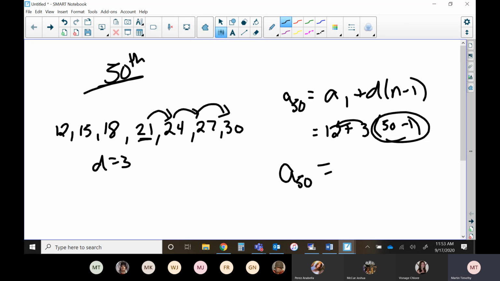Does that make sense? Hold on. Word problems, don't freak out about them. Translate them to real math. If I said a high school auditorium has 18 seats in the first row, what does that mean?